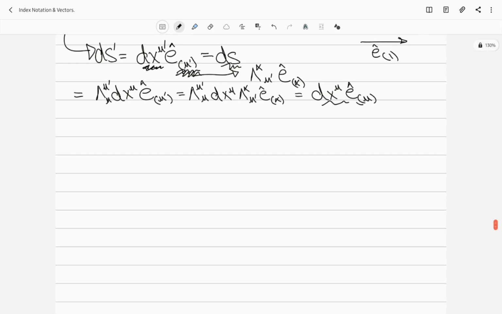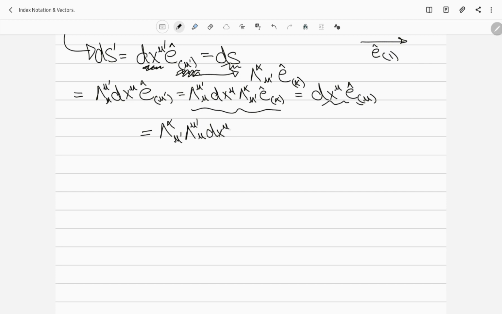Let me do this one more step over here. This thing, we can write down as lambda^α_μ' lambda^μ'_μ dx^μ e hat_α. So we're just moving things here and there.